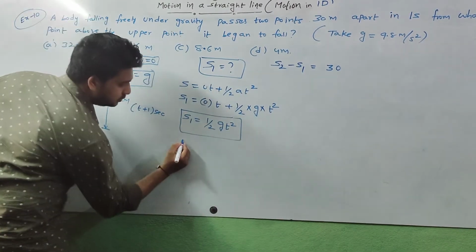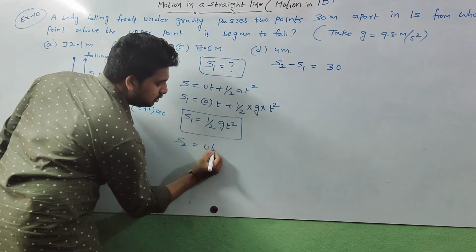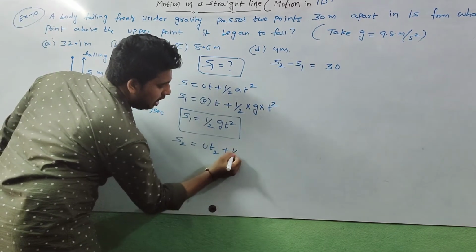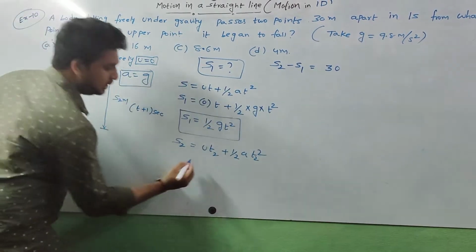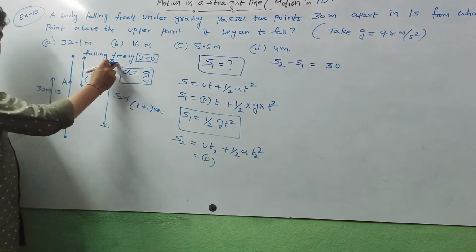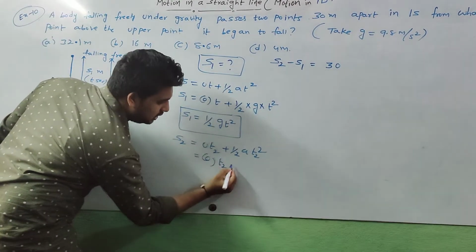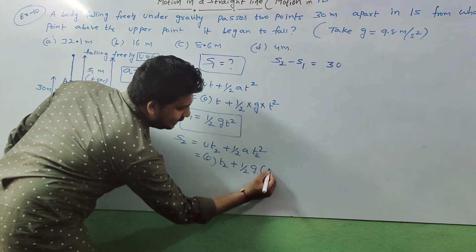Next, S2. How to find S2? S2 is equal to the same, u into t2 plus half a into t2 square. Here initial velocity is 0. For this S2 also initial velocity is 0 only. So 0 into t2 plus half into a, the value is g only here, into t2 square.